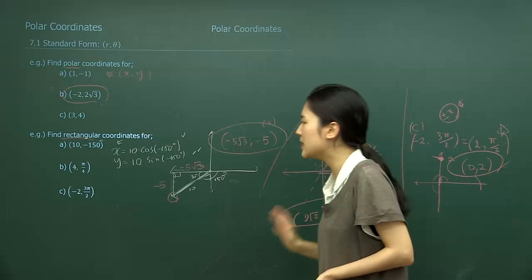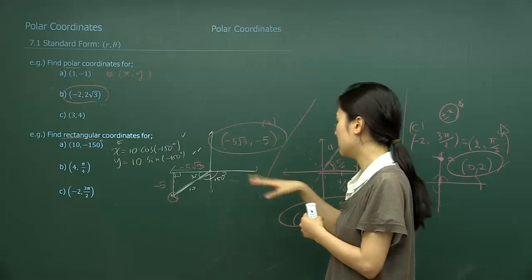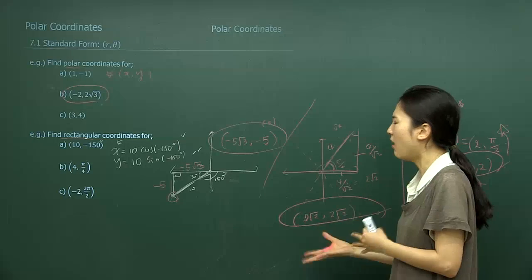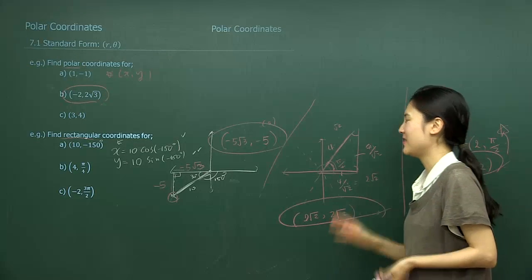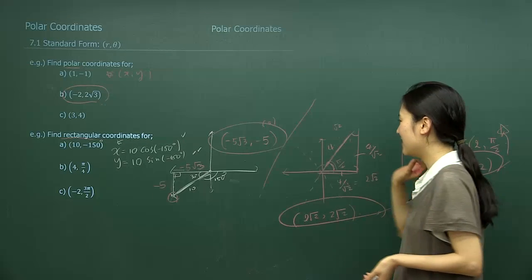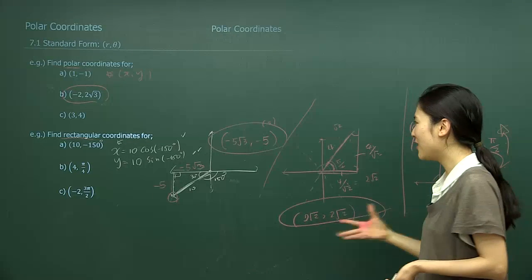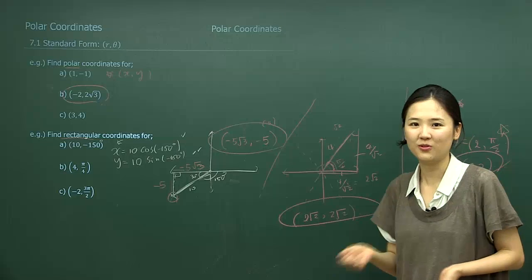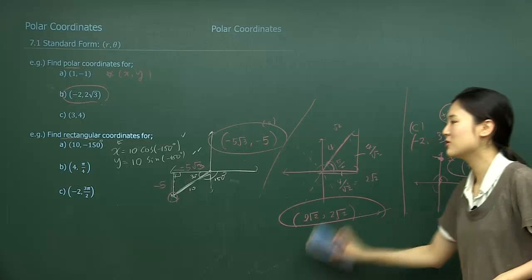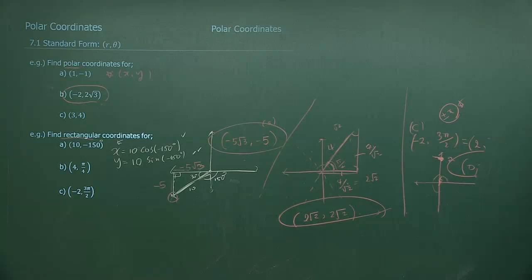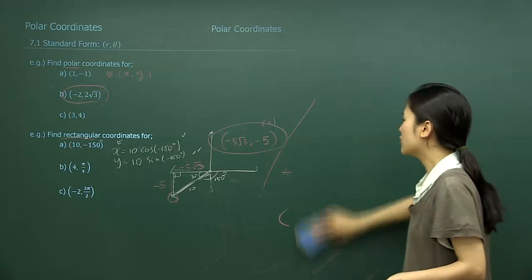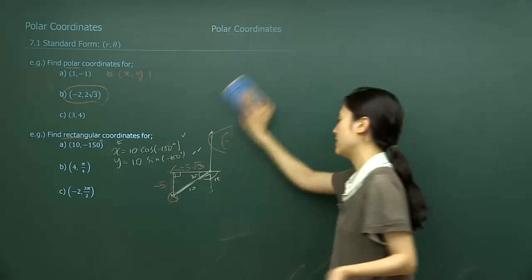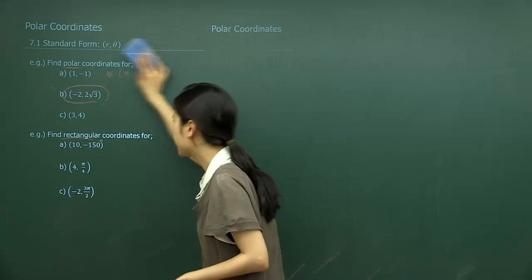That is the only reason that might cause this to look hard. However, if you think about it, r and theta is simply the distance and the angle. You may use the right angle triangle if you have to. It's so simple. If you know your SOHCAHTOA, there's no reason why you should avoid doing these questions. Just remember what r and theta meant. That's all you have to do.